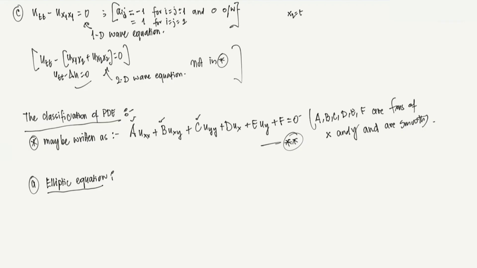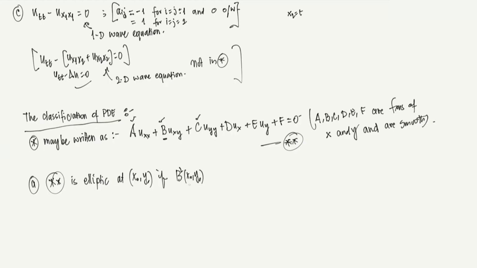Okay, so when do we call it an elliptic equation? Let's say it is elliptic at a point x naught, y naught. So maybe I can write it like this: double star is elliptic at a point (x naught, y naught) if b squared at (x naught, y naught), since these b's are functions of x and y, right?